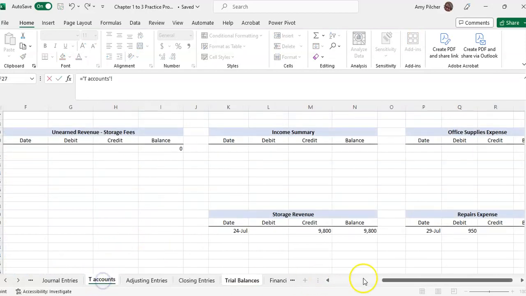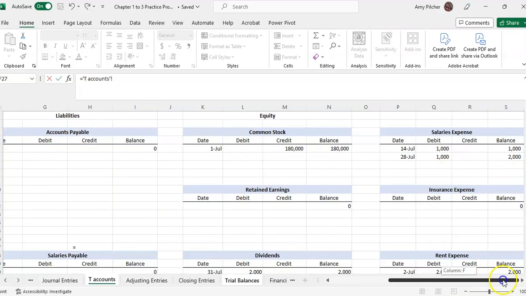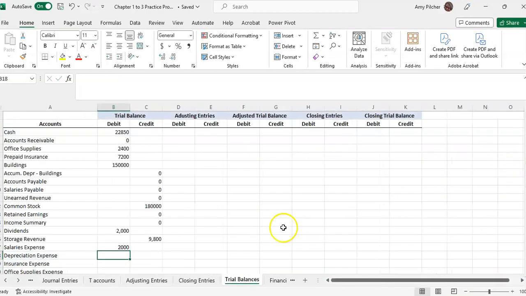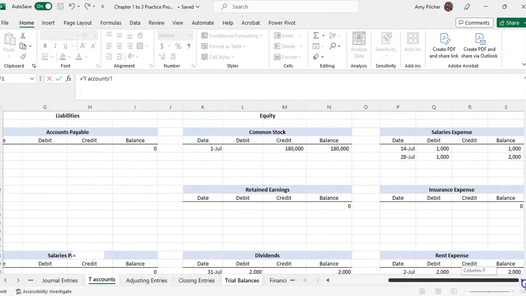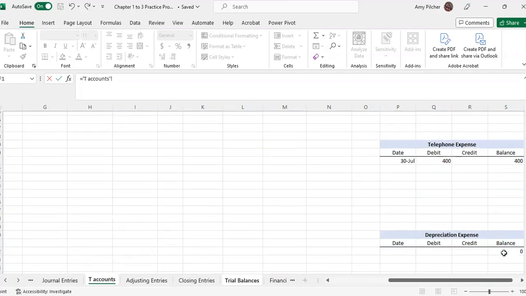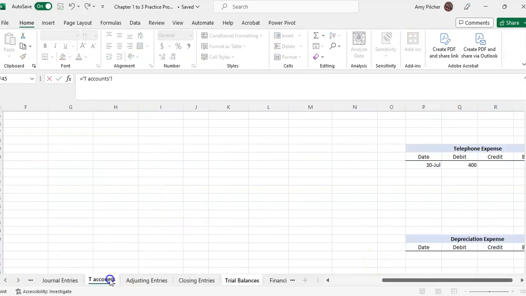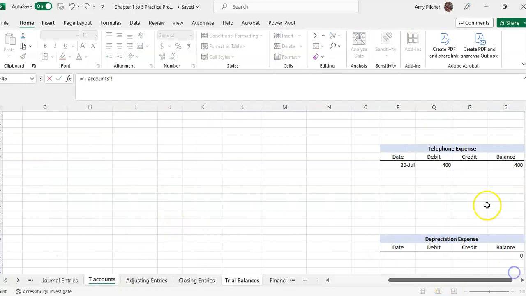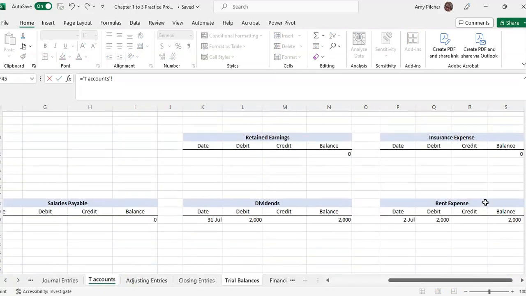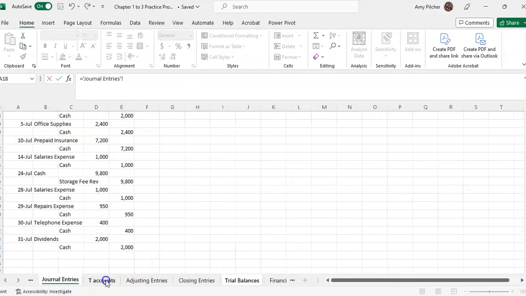And then we have our expenses that we're going to pull. So our salaries expense balance, depreciation expense, which several of these are going to be zero right now because those expenses get recorded with the adjusting process. So insurance expense is also going to be zero. Our supply expense right now is zero.